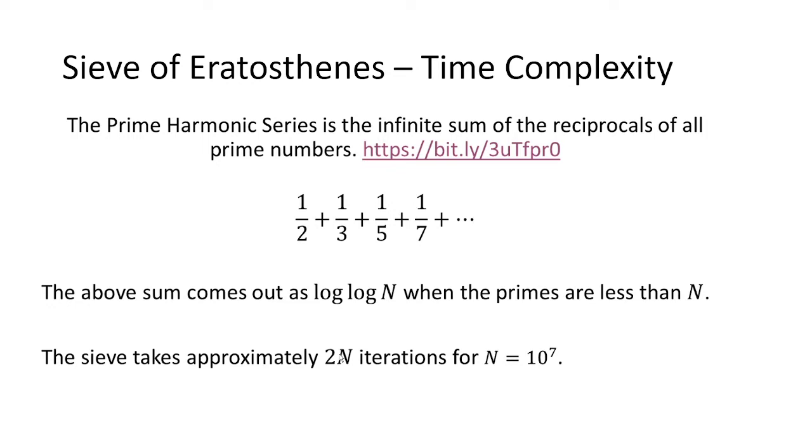That's why it is an efficient method, because for n equal to 10 raised to 7, the time complexity will just be 2n for the Sieve method. Any doubt in time complexity? Here log n is base 2.